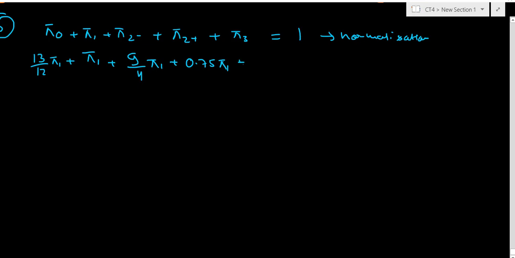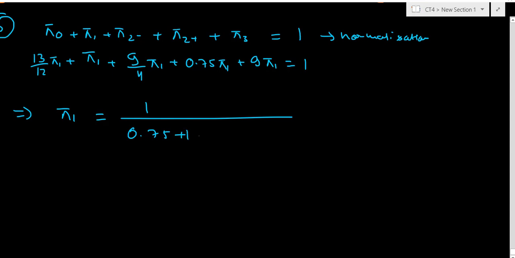And finally pi 3 can be written as 9 pi 1. I would equate this with 1, which would give me pi 1 being equal to 1 upon 0.75 plus 1 plus 13 by 12 plus 9 by 4 and 9. So this would give me pi 1 equal to 12 upon 169.